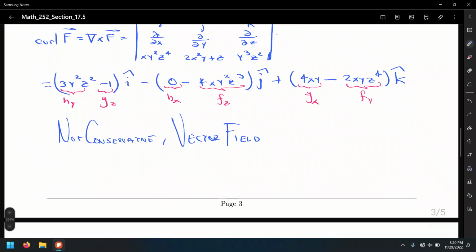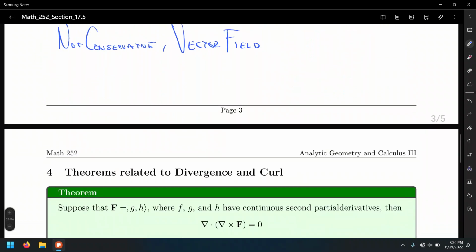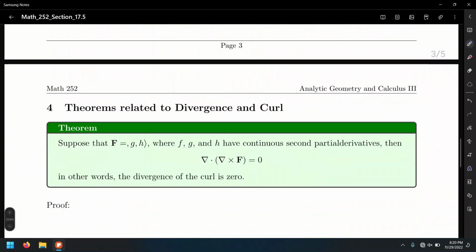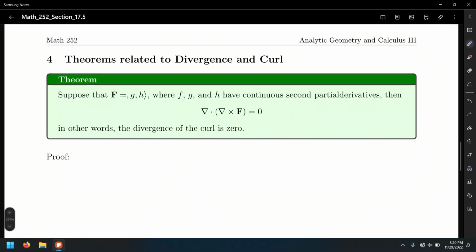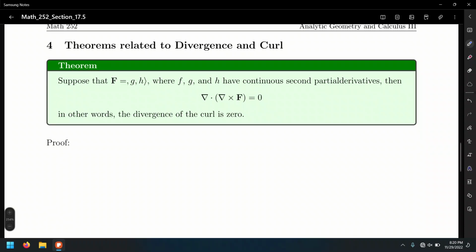All right. There's a lot more that we can do about this divergence. There's a lot of combinations of these operators, and well, the one that stands out the most is that of the divergence and the curl.